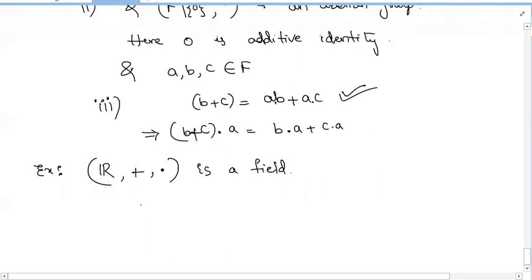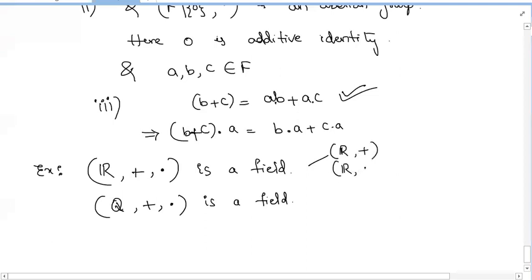And Q, the set of all rational numbers, (Q, +, ·), is also a field.